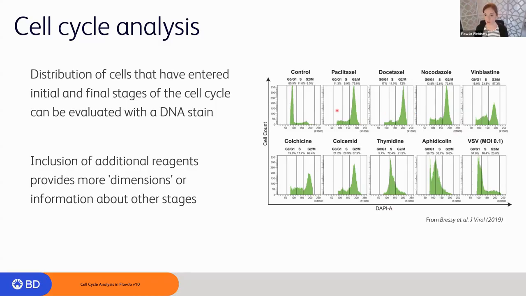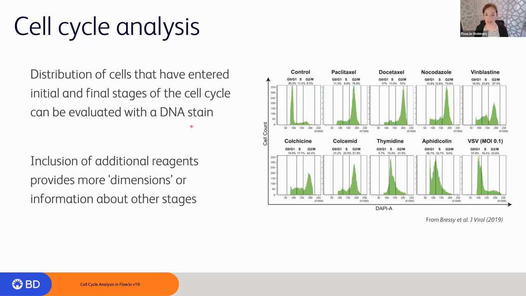With this drug here, we have an accumulation into the G2M phase, very distinct from the control sample. And we also have other drugs that disrupt maybe staying in the synthesis phase, things of that nature. So in having a control sample, we can assess disruptions in the presence of other inhibiting or interfering agents.